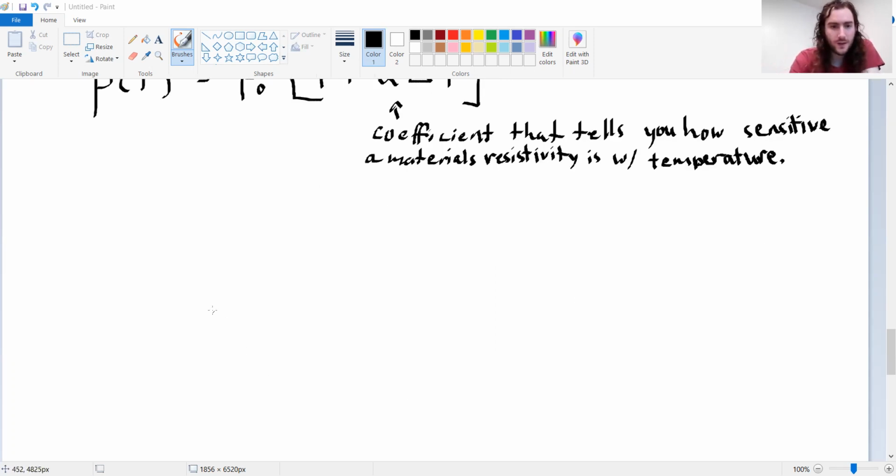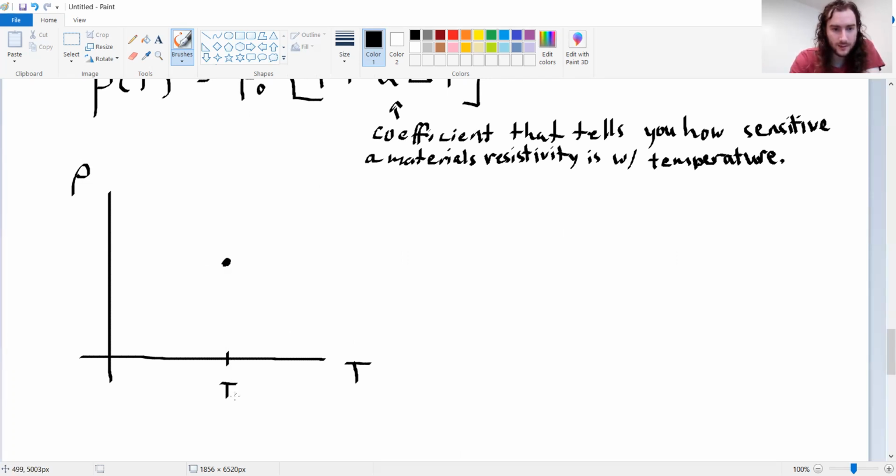So in the book, they give a nice little plot of how the resistivity changes. It looks something like this here. So you measure the resistivity at any point here at some temperature. We'll call it T0, I think the book calls it T0.